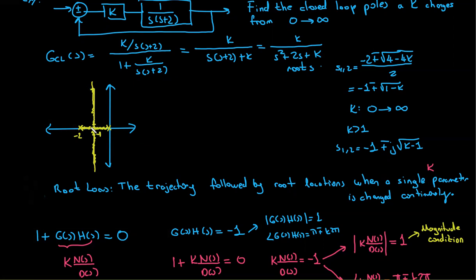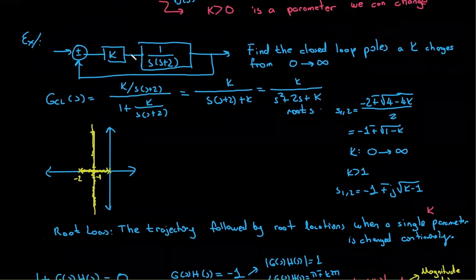So if we go back to our very first example, we have our plant over here and we are using a proportional controller over there. And you will change your proportional controller gain from 0 to infinity, which is a very practical problem. That's what you do most of the time.